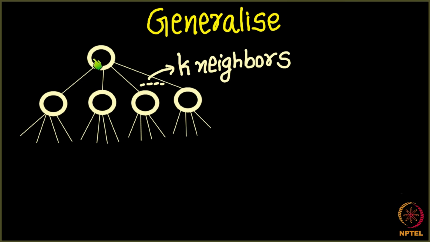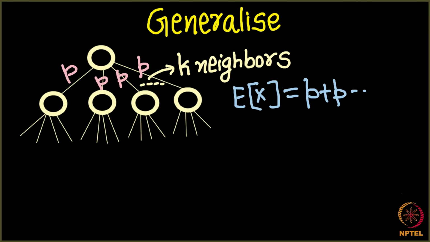So this node here will be having k children, this node here will be having k children, this node here will be having k children, and so on. And let's say the probability of infection is p. We have taken 0.5 in the first example, 0.25 in the second example. Here we generalize it and take this probability to be p. Now what do you think will be the expected number of infected people?